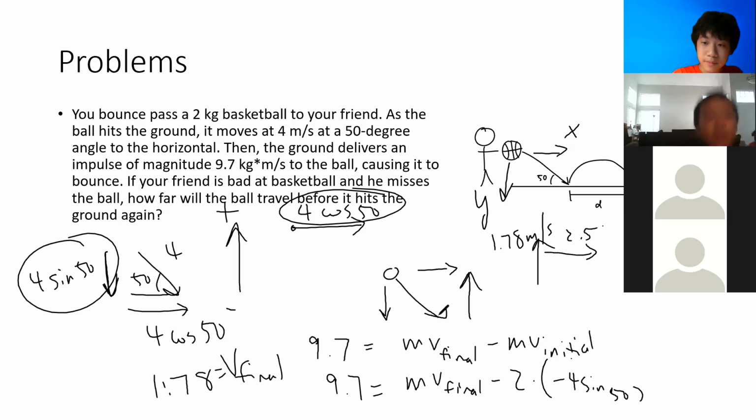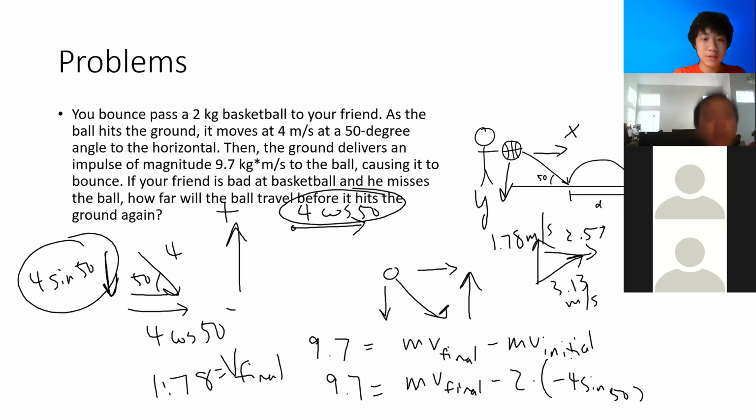2.57. All right, so now we can calculate the overall velocity of the object with the Pythagorean theorem. And then we can use the range formula to find how far this will go. So using the Pythagorean theorem, 1.78 squared added to 2.57 squared, take the square root. It's going to be moving at 3.13 meters a second.